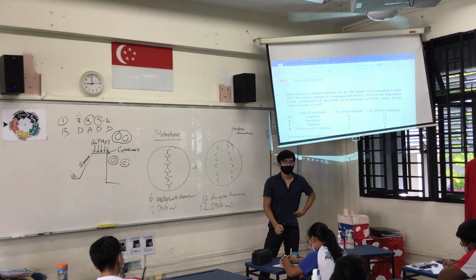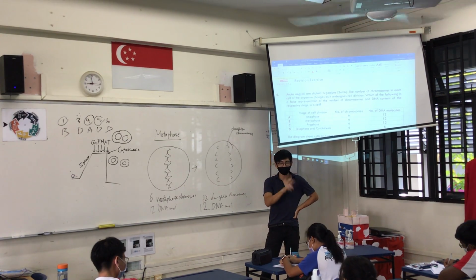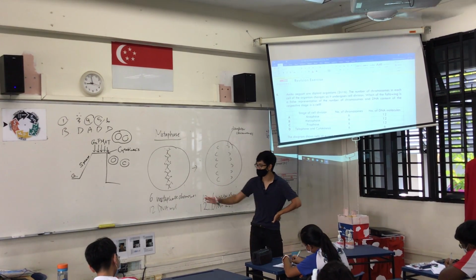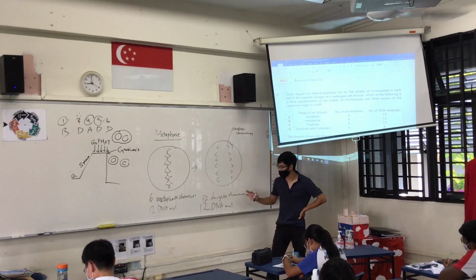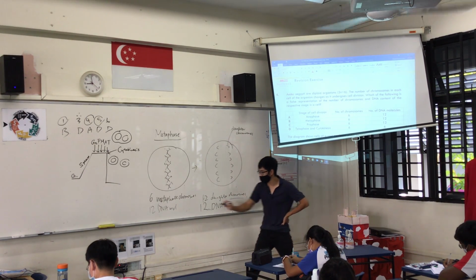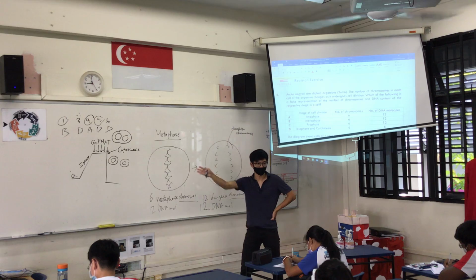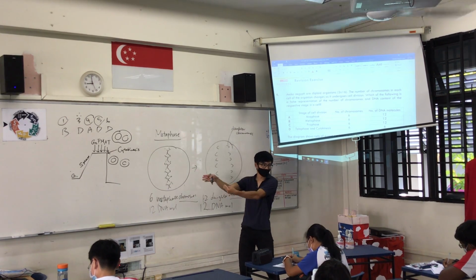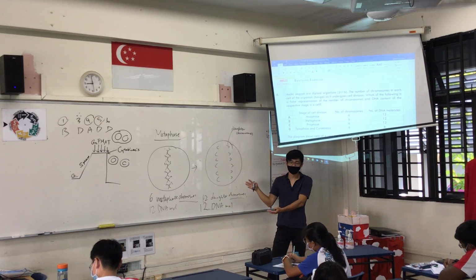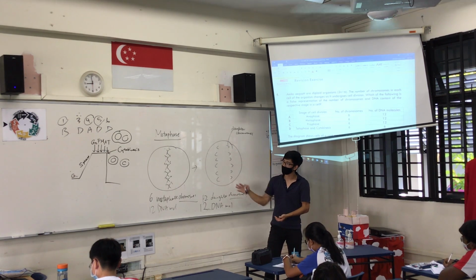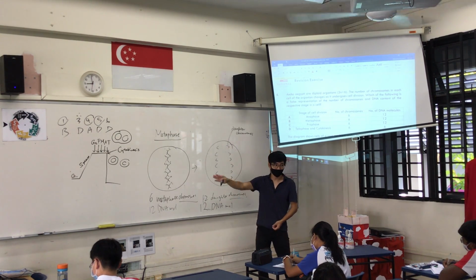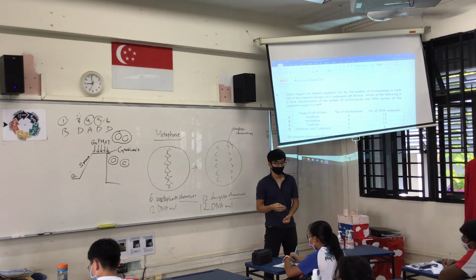There are 2 types of chromosomes: the metaphase chromosome and the daughter chromosome. They are still both chromosomes because they are highly condensed. The only difference is that one has 2 chromatids attached, and one is separate. So the amount of DNA remains unchanged, but the number of chromosomes can change.